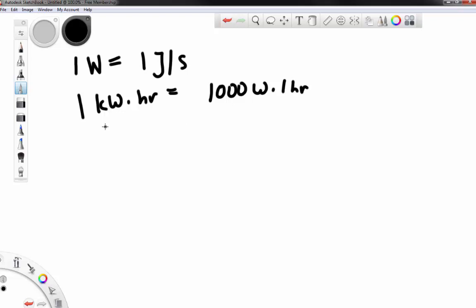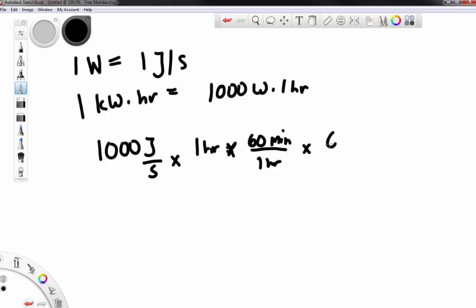And so we want to know how many joules that is. Well, that's the same thing as saying 1,000 joules per second times 1 hour, which is the same thing as multiplying by 60 minutes per hour.